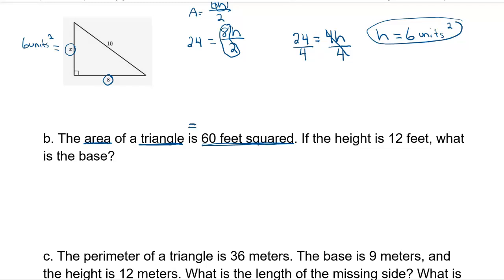I always say that I just do one read through and then I go back and start breaking it apart. I didn't do my full read through, so I'll do that now and then we'll continue breaking this apart. So it says if the height is 12 feet, what is the base?